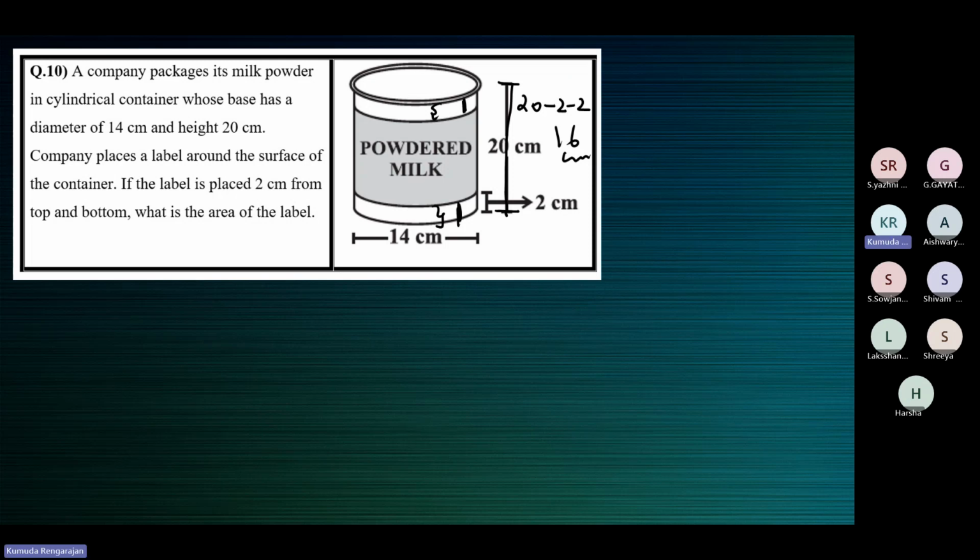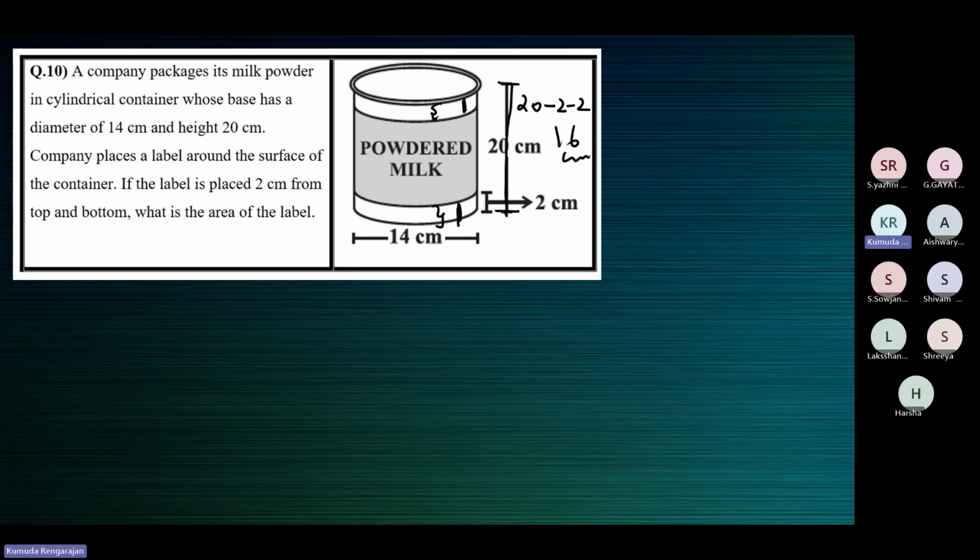The radius of the cylinder and the label is 7, which is 14 by 2. The height of the cylinder is different from the height of the label.